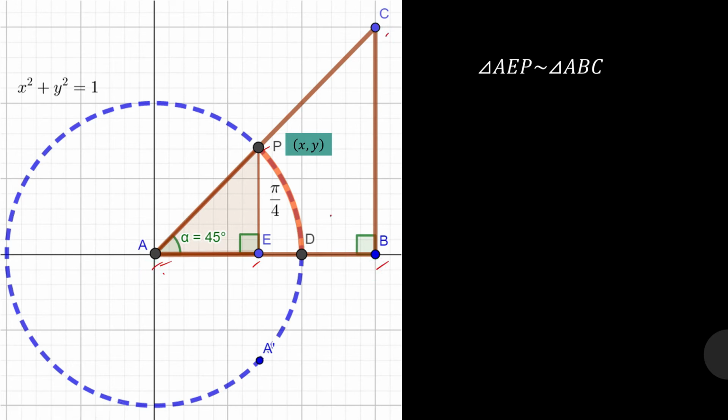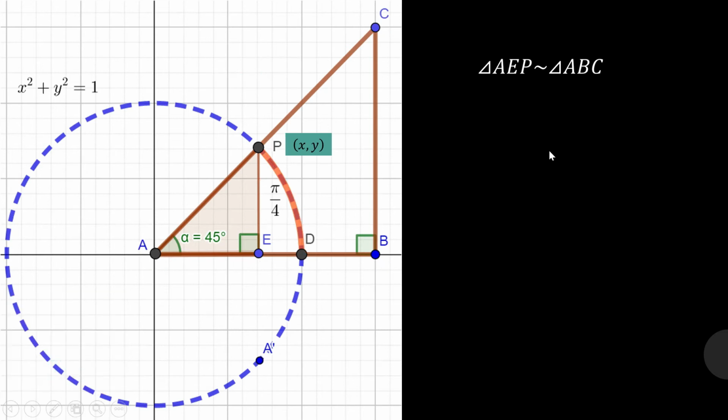So our goal here is to show that if this arc is an arc in our unit circle, has a length of pi over 4, the coordinates of the endpoint is going to be, that is our goal in this video.